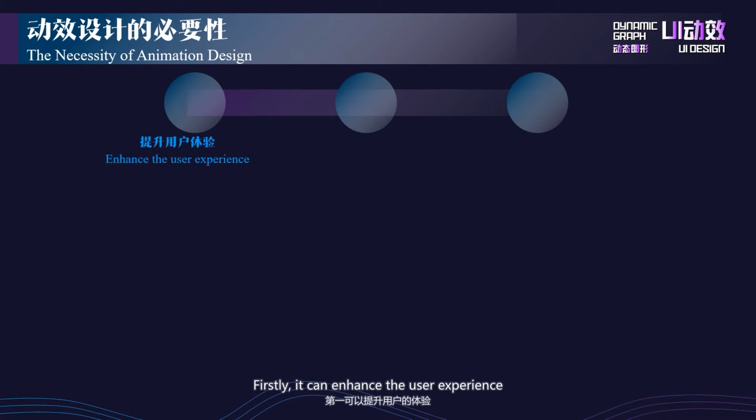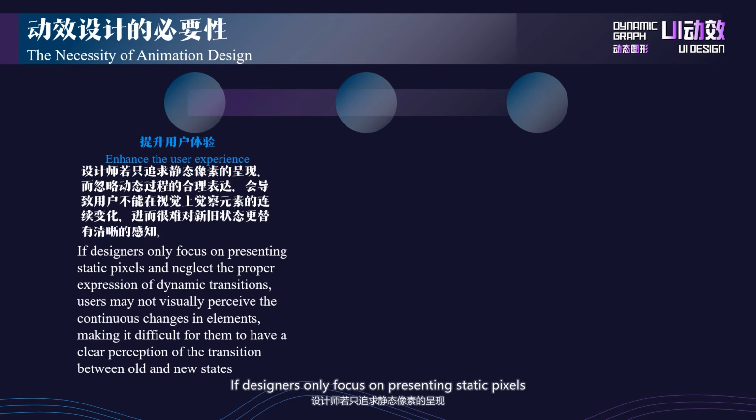Firstly, it can enhance the user experience, which is crucial. If designers only focus on presenting static pixels and neglect the proper expression of dynamic transitions, users may not visually perceive the continuous changes in elements, making it difficult for them to have a clear perception of the transition between old and new states.